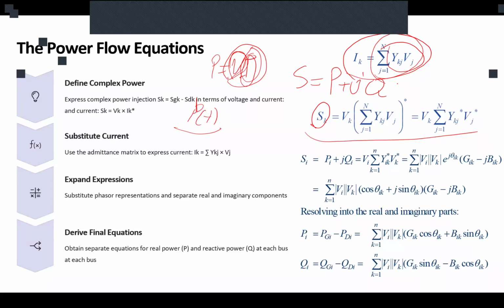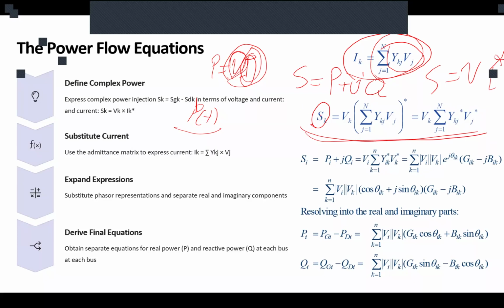Is that clear? Now, the formula of S, when you want to calculate S from voltage and current, is voltage times I conjugate. So let's do that.